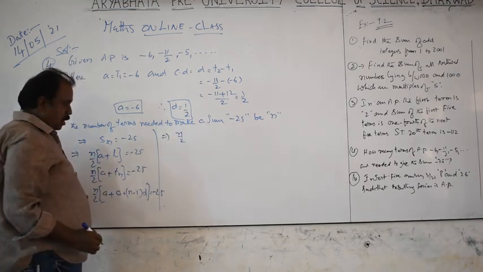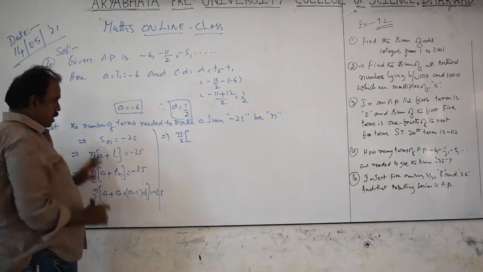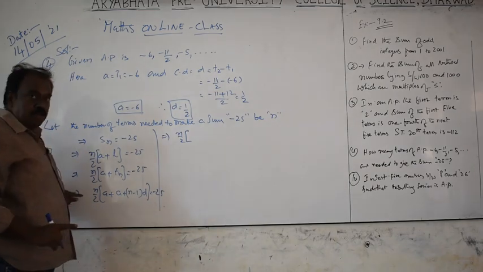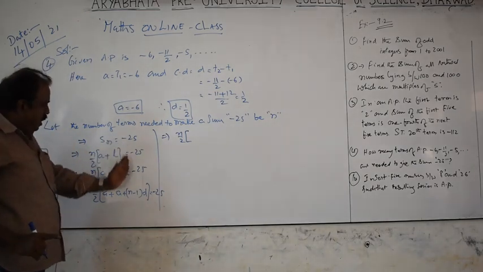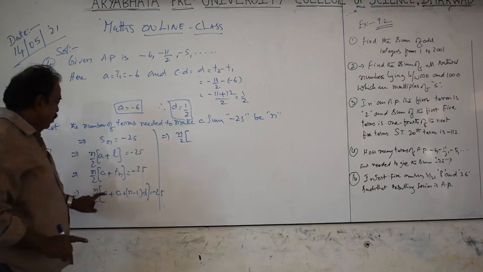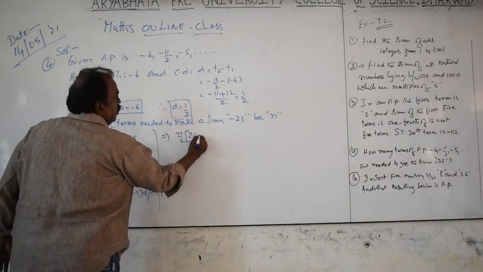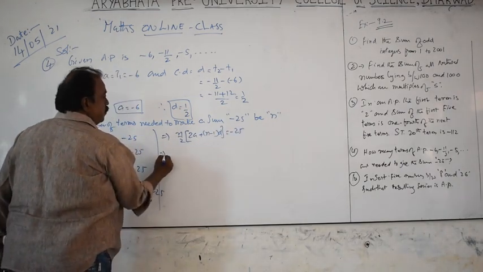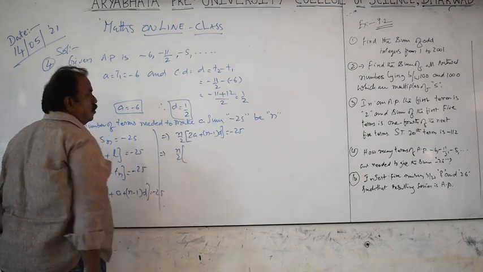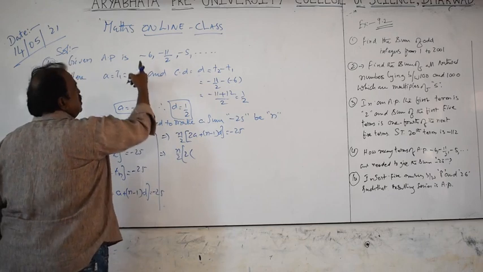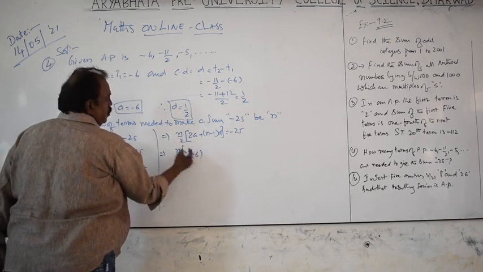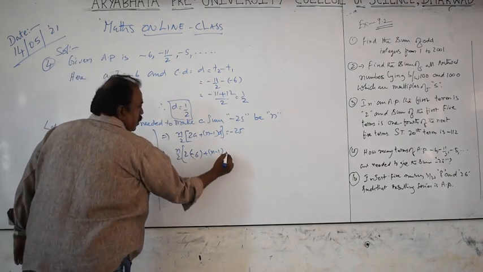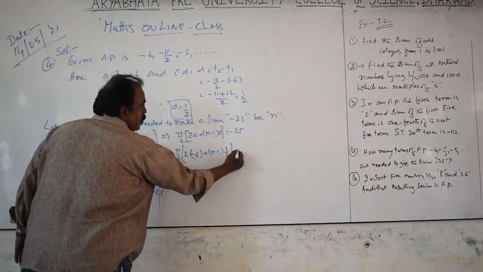This implies n by 2 of A plus A, that is 2A, plus n minus 1 into d is equal to minus 25. N by 2 into 2 into A, which is minus 6, plus n minus 1 into d, which is 1 by 2.